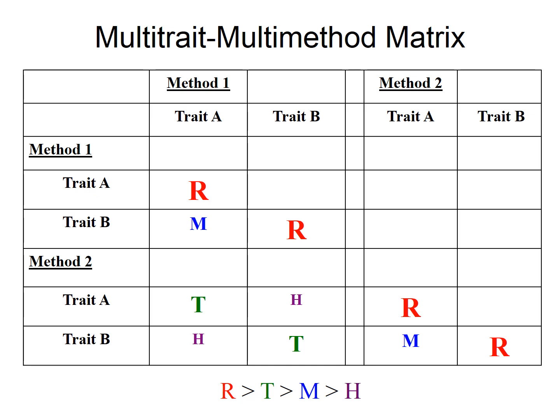If that's the pattern you find, the R boxes, same traits, same methods, are the highest, the trait boxes are the next highest, the M boxes are the next, and finally the lowest is the H. This makes a very strong argument for both convergent and discriminant validity all in one study. If you find any other pattern, that's a problem.